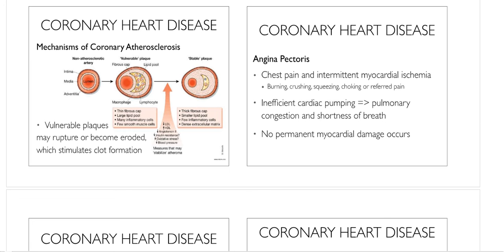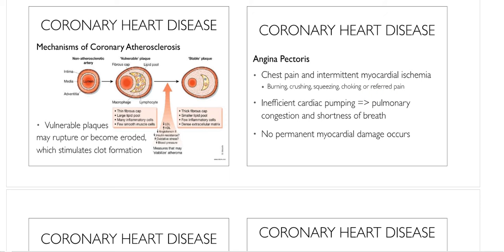And another term for you guys is angina pectoris, which is simply chest pain. The chest pain comes from some form of intermittent ischemia of the heart. It can present as burning sensations, crushing, squeezing, choking, or referred pain down the arm, to the jaw, to the back. There's not really a limit to the different ways in which it can be referred pain.